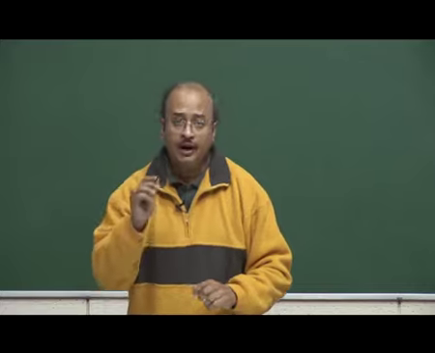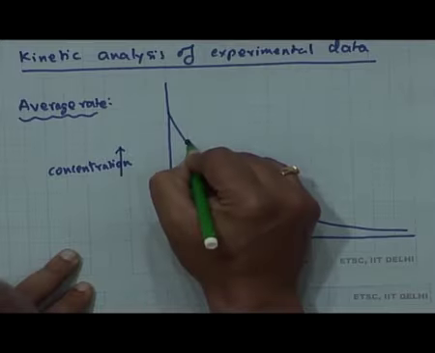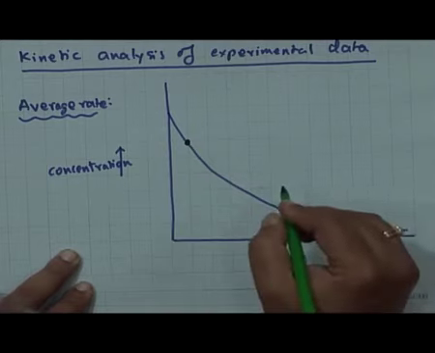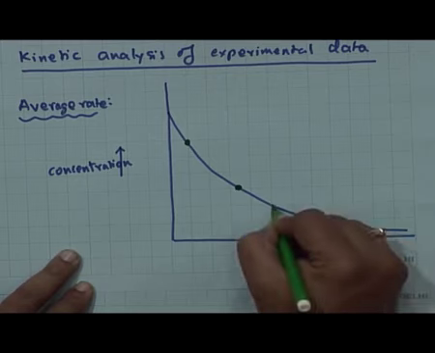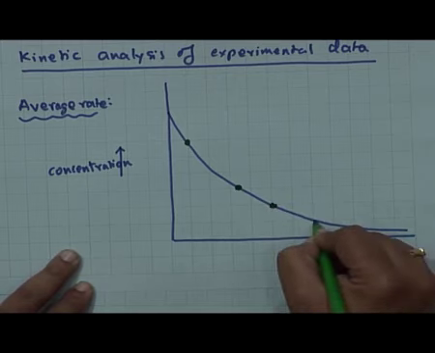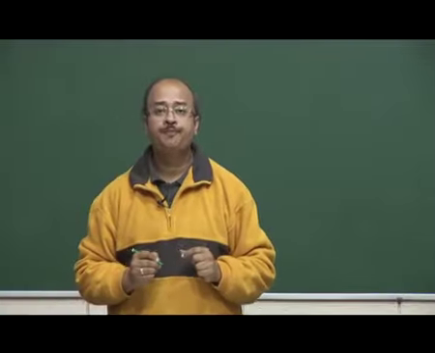Now, suppose we put our experimental points, say for example, there is a point out here, let there be a point out here, let there be a point out here, and let there be a point out here. So, the line is a smooth line through some of these experimental points.